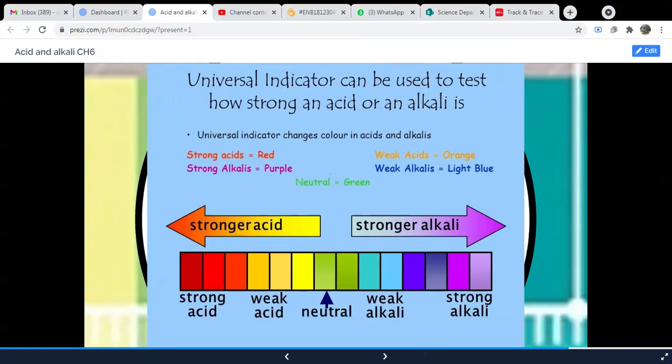As you can see here, the color green is a pH value of around 7.